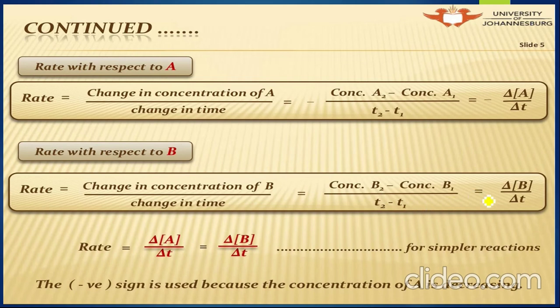This one is going to be positive because it was increasing with time. Note that the negative sign is used for A because the concentration of A is decreasing with time. So that's what you're supposed to know here, and I'm sure you're clear.